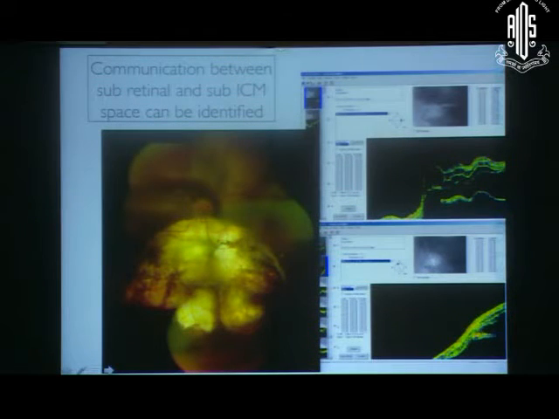It is sealed now. That means here the locus minoris resistentiae is intact and here it is broken. And this communication is what is needed for the ICM detachment to lead to a retinal detachment. And that is the rationale also in treating along the colobomatous margin with laser photocoagulation.